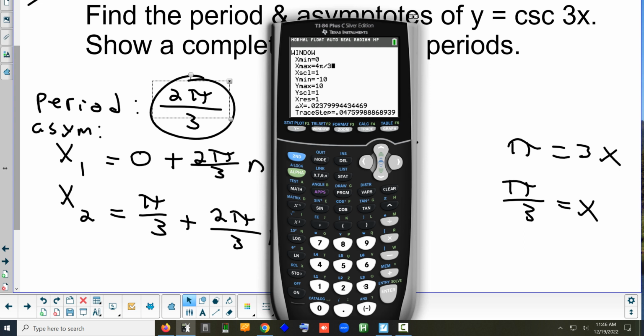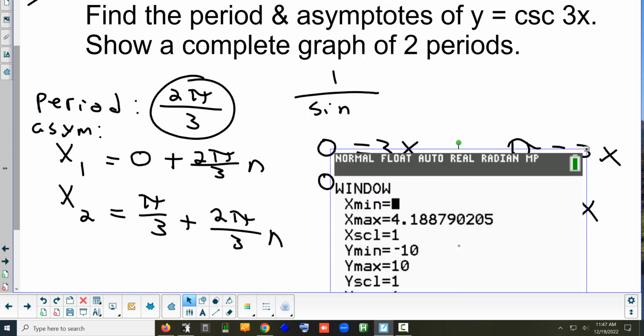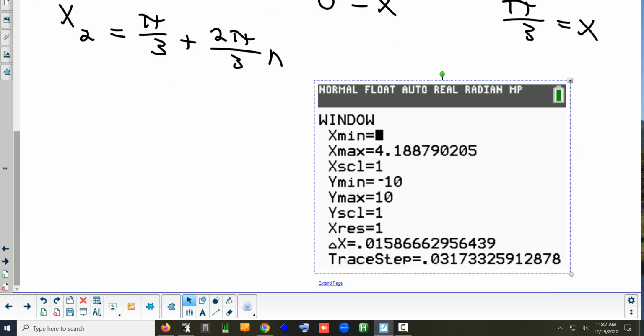So 2 full cycles should be 2 U's and 2 N's. Let's see. There's a U shape and an N shape. There's 1 cycle. There's your second cycle. Perfect. So all I have to do for that is just show me what window you used.